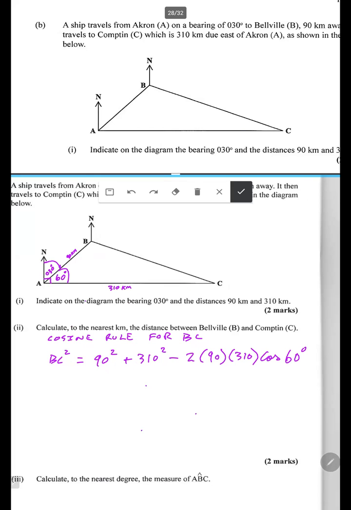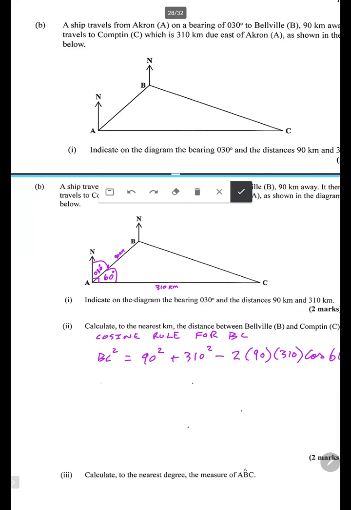I put everything in the calculator, and you get BC equals the square root of whatever everything works out to.